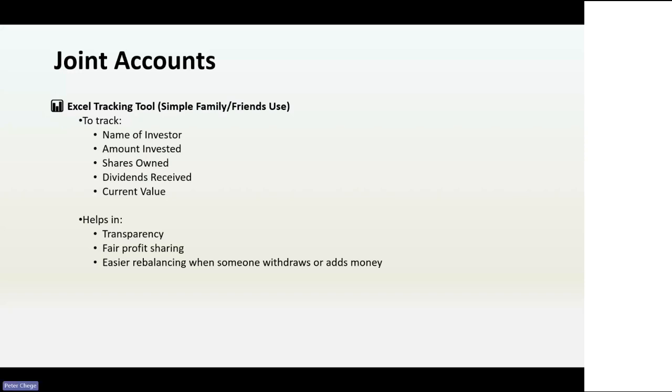Even if it is a spouse, you might separate in between, but you decide to be co-parent. What do you do when you sell shares? If you had not agreed when opening the account how to share the proceeds, then at the point of sale, there will be a problem. So you need to track the amount invested, the total number of shares bought using that amount, then dividends received.